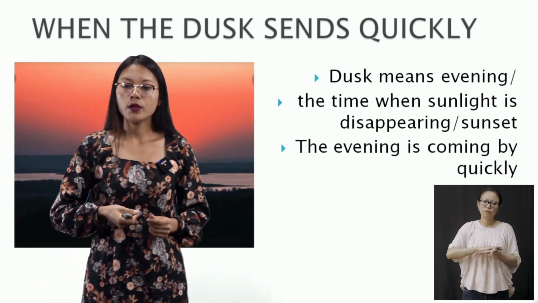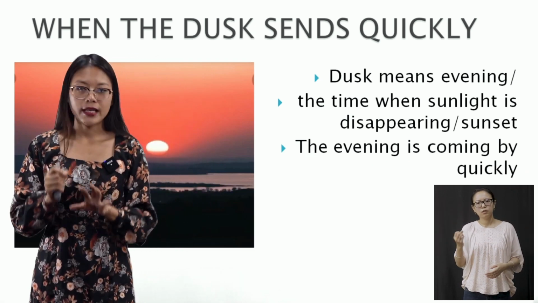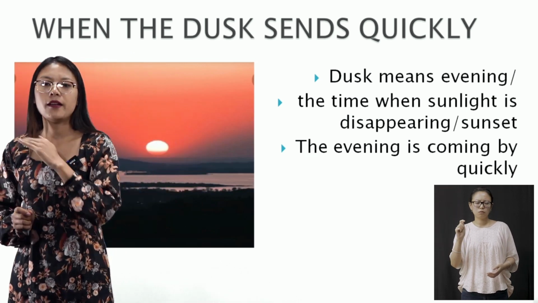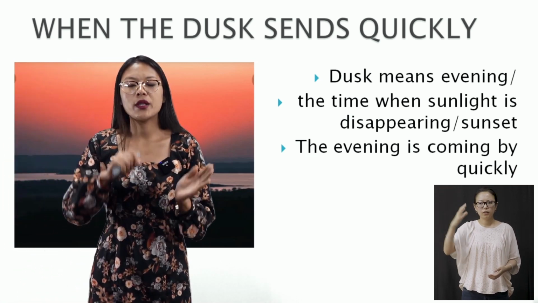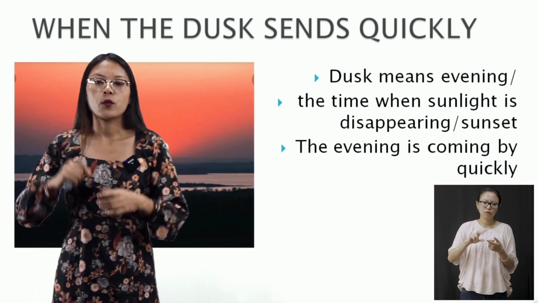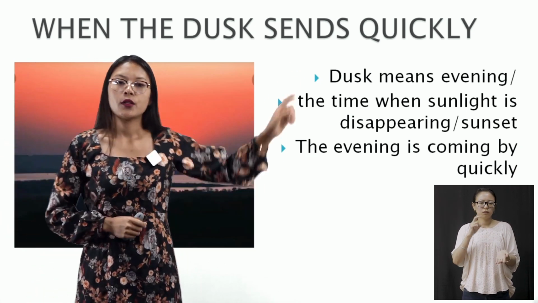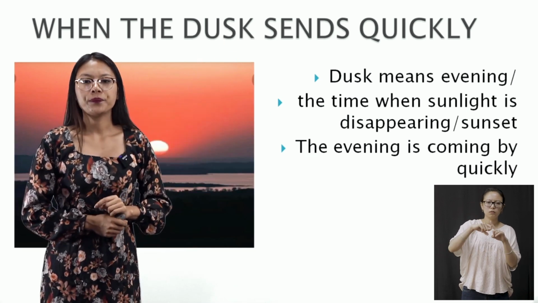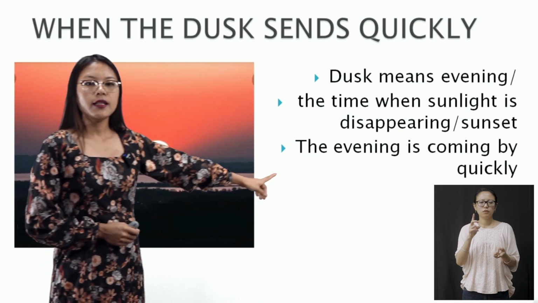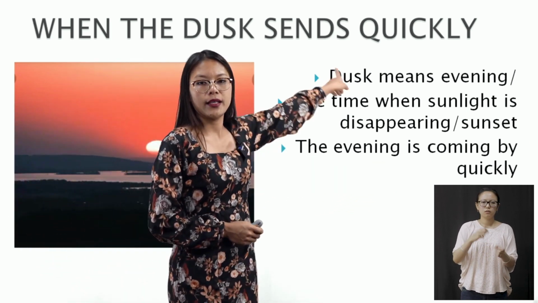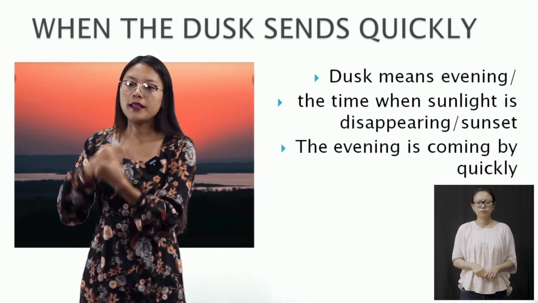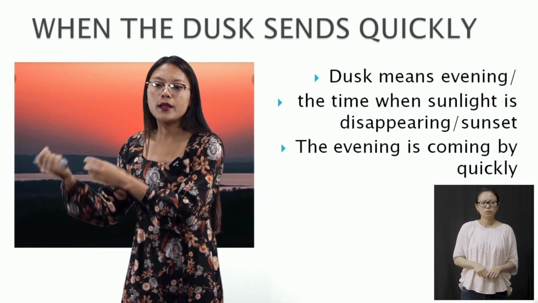In the afternoon, we have our lunch, take rest, do our work, and then comes the evening. That is the time when the sun is about to set and the night is about to come. That is referred to as the dusk. So the dusk descends quickly. That means the evening is coming by quickly, the night is about to come.